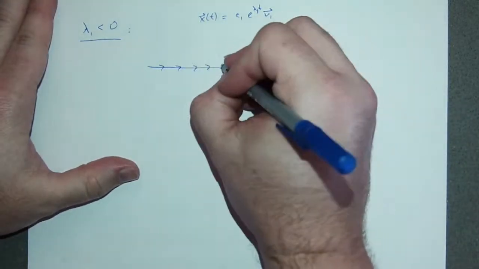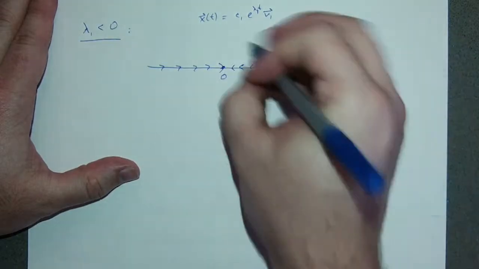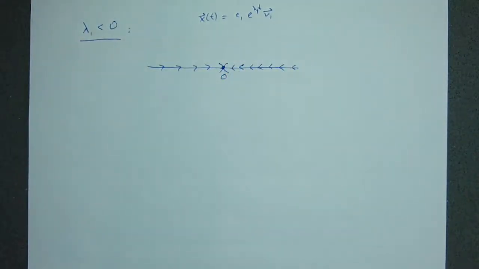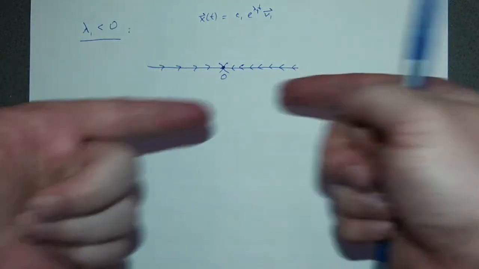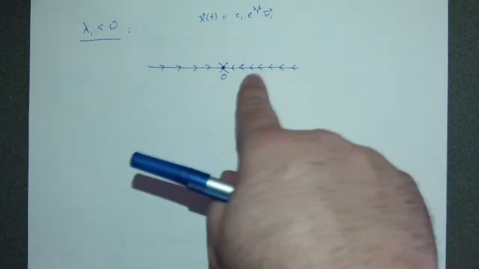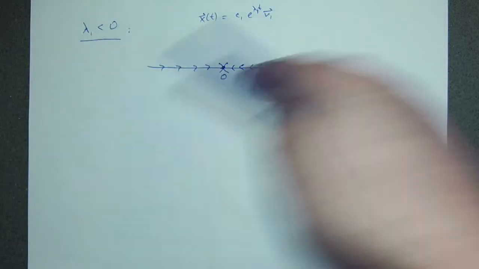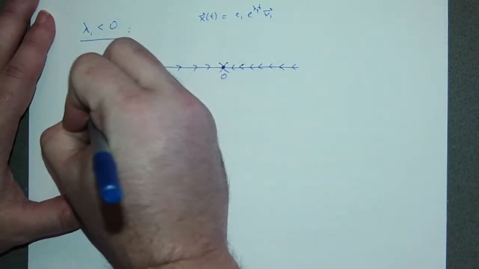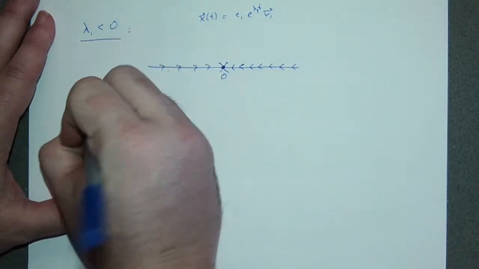There's the left half of the line, there's the right half of the line, and then there's 0 that fills in the middle. But on both sides of 0, they're moving towards 0. 0 is a stationary point, it's not moving at all. But if you have an initial point to the right of 0, you're moving towards 0 along this line.